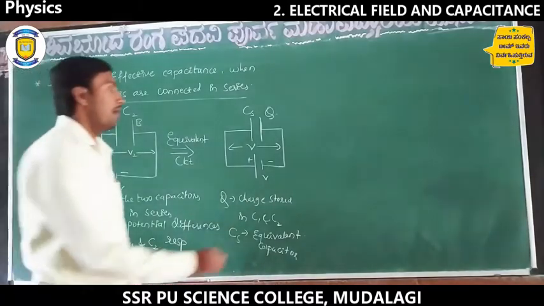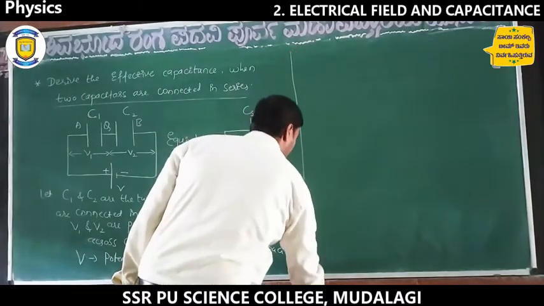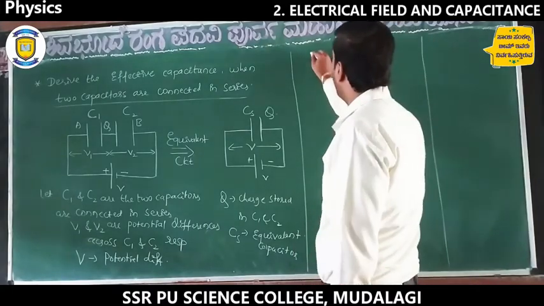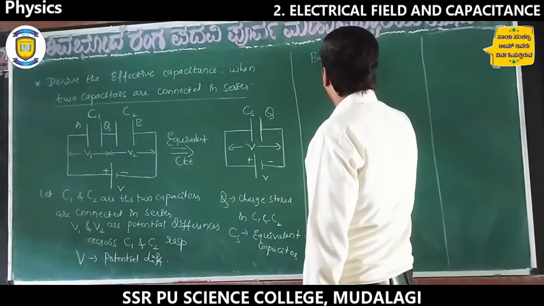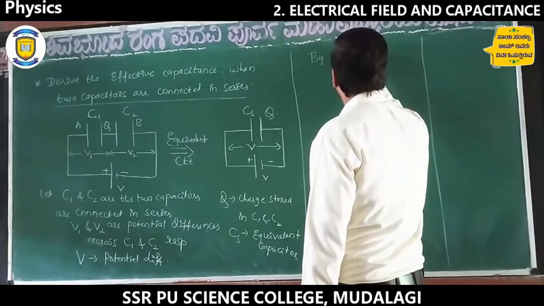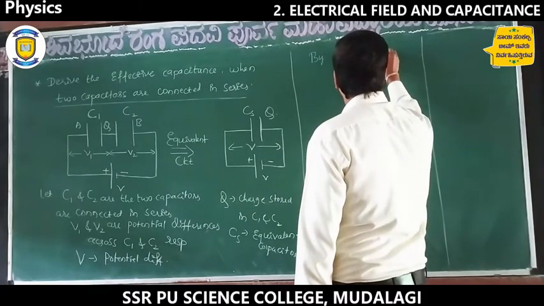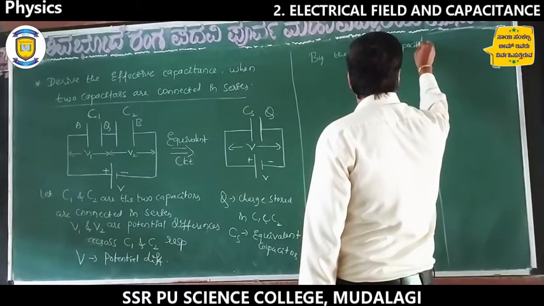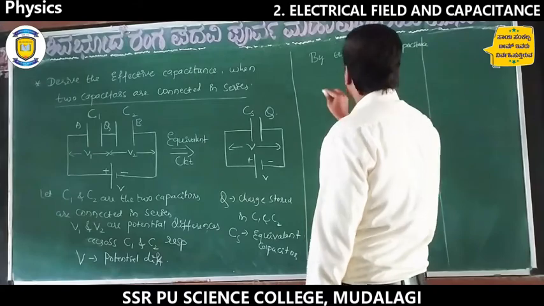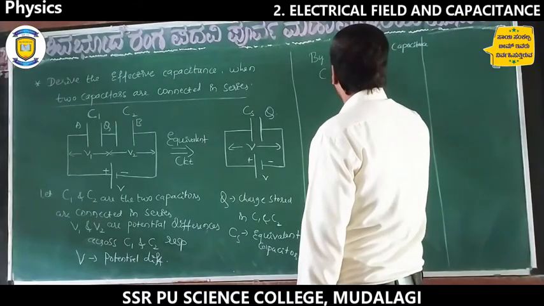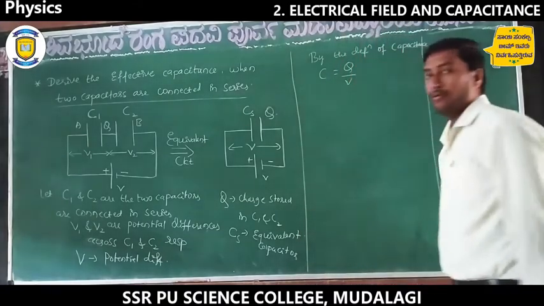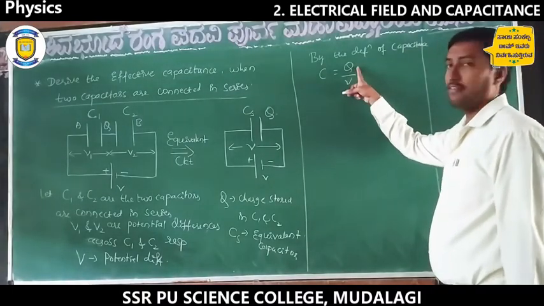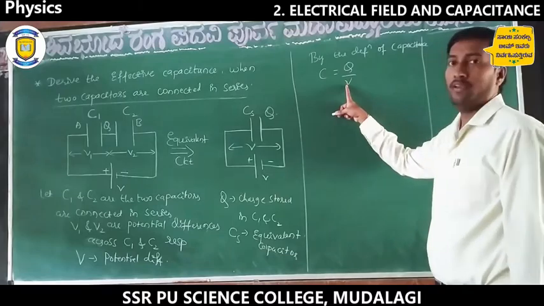Now, by the definition of capacitance, C equal to Q by V, right? Here charge Q is same, but V is different.